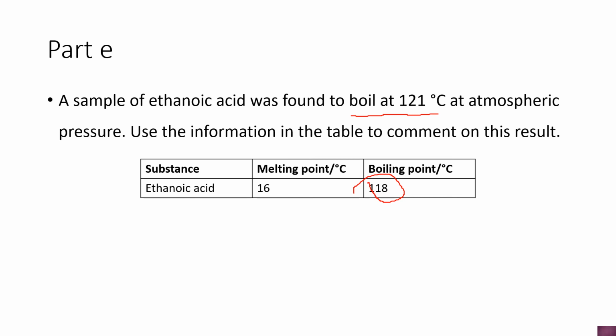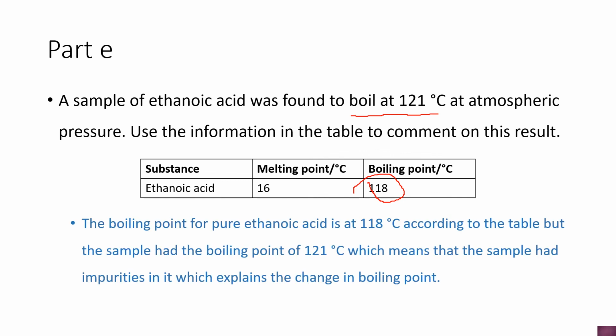So this can be due to the impurities present in this sample, which can cause a slight deviation from the accurate boiling point. So the answer will be the boiling point for pure ethanoic acid is 118 degrees Celsius according to the table, but the sample had the boiling point of 121, which means that the sample had impurities in it, which explains the changing boiling point.